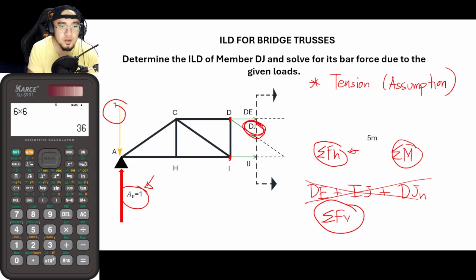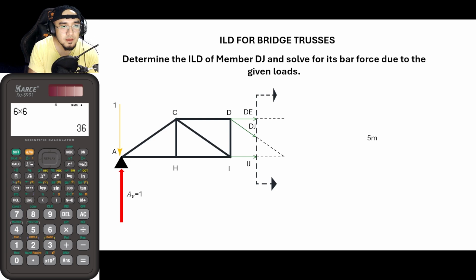Okay, but take note, guys, if we are to get the summation of forces vertical, we must first get the vertical component of DJ. So for the vertical component, let me just redraw this slope of DJ here on the right. So let us assume that this is member DJ.